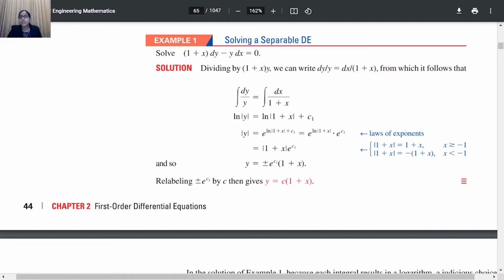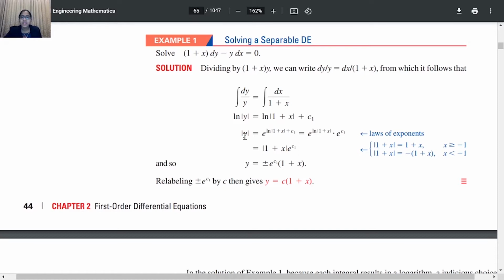So I can integrate both the sides. Integrating both the sides, this will be log y and this will be log of (1 plus x) plus some constant. Here, instead of c1, if I take log of c1, it will be much easier. Our main aim is to find y in terms of x. So we have log of y is equal to log of (1 plus x) plus the integrating constant c1.